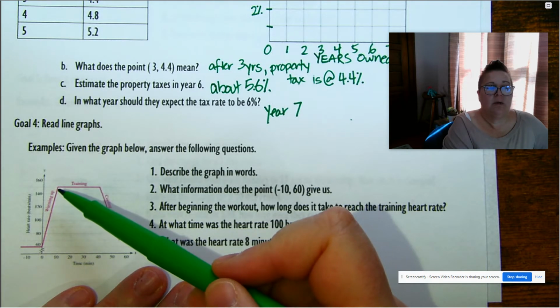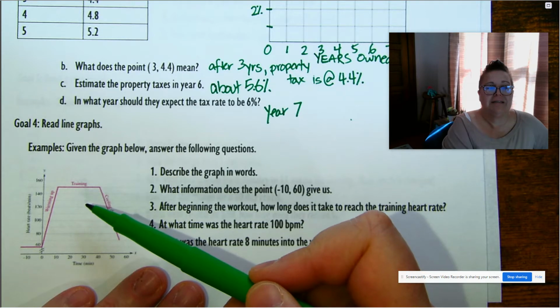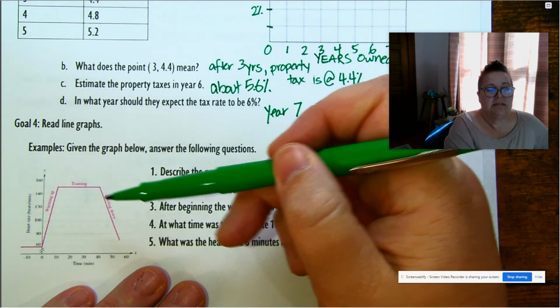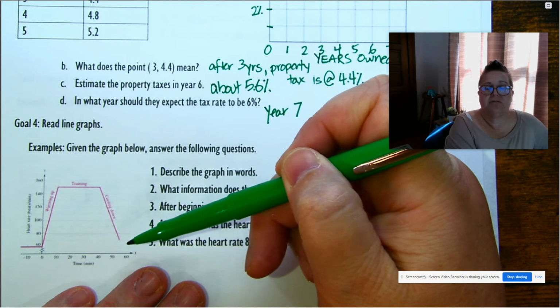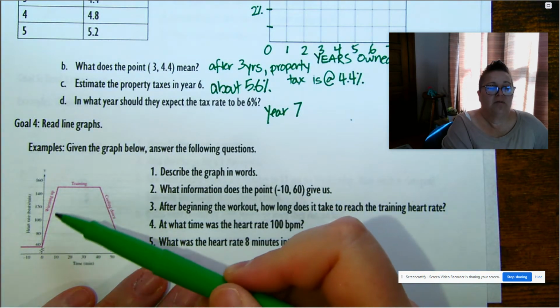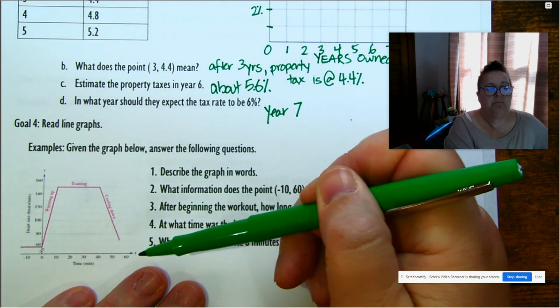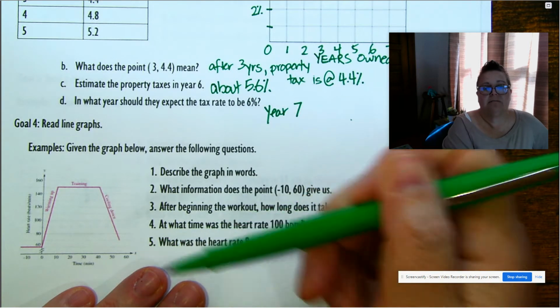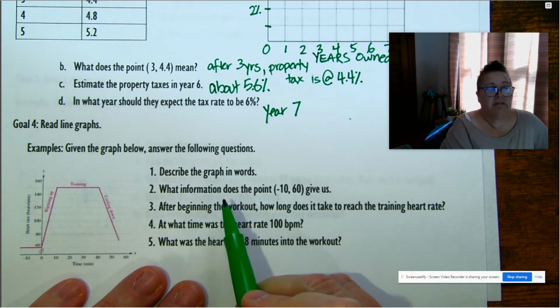And then at some point it levels off and they're able to maintain a steady heartbeat as they exercise. Then somewhere around the 40-minute mark, they begin cooling down. They've stopped exercising. So their heartbeat is increasing, then it levels off over time, and then cools down again, slows down again. All right. That's my description of this graph in words.